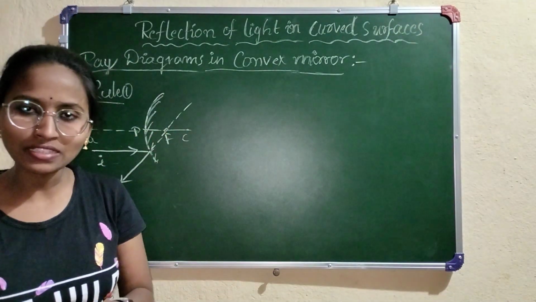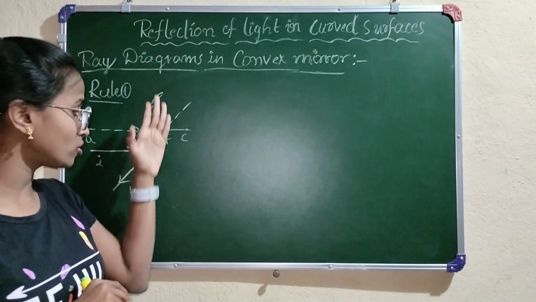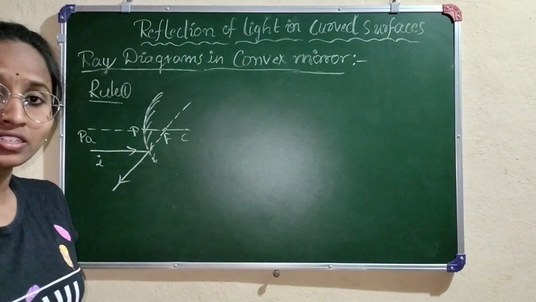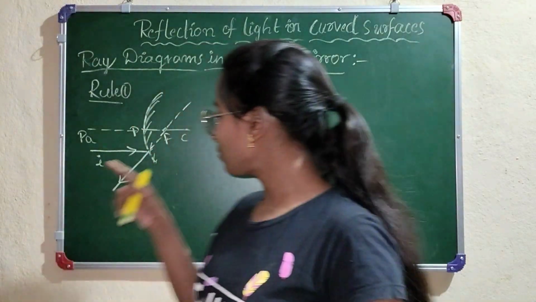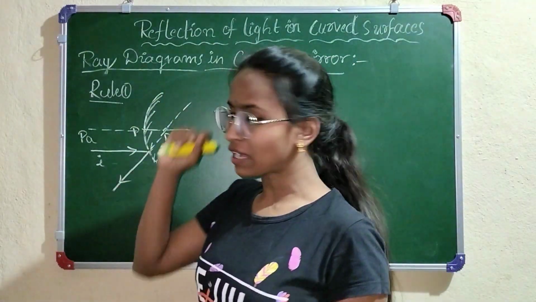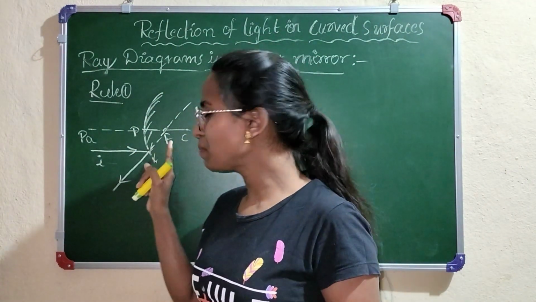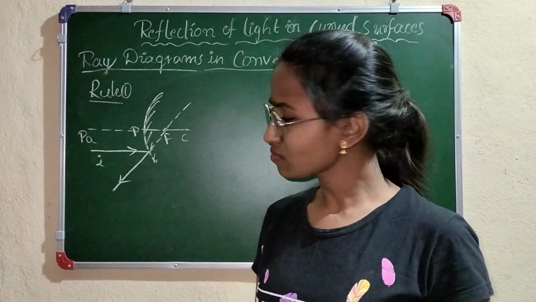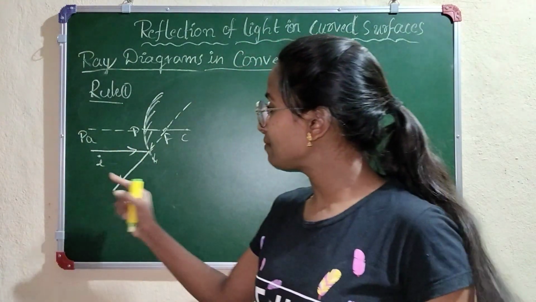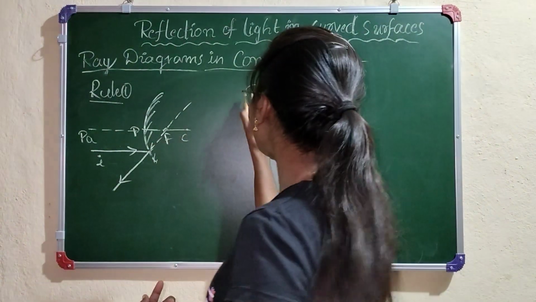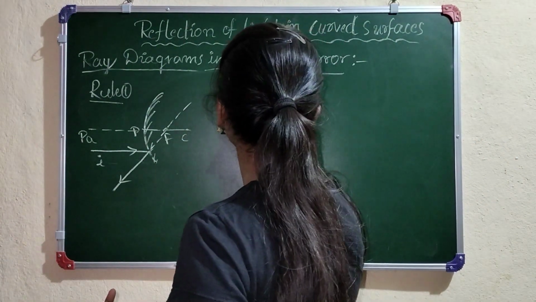Why? Because the other side is coated, light can't enter inside. But when it is diverging, if you extend the rays backwards, it appears to pass through the focus. Am I clear? Not directly. This is the first rule in the convex mirror. And rule 2.